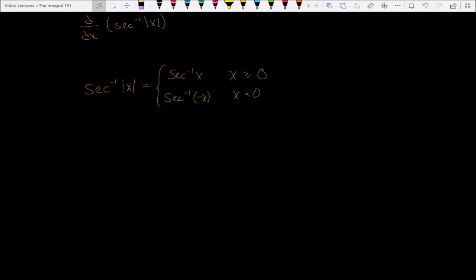So if we take its derivative, we would wind up with 1 over x times the square root of x squared minus 1, as long as x is greater than or equal to 0, and negative 1 over negative x square root of x squared minus 1 when x is less than 0.